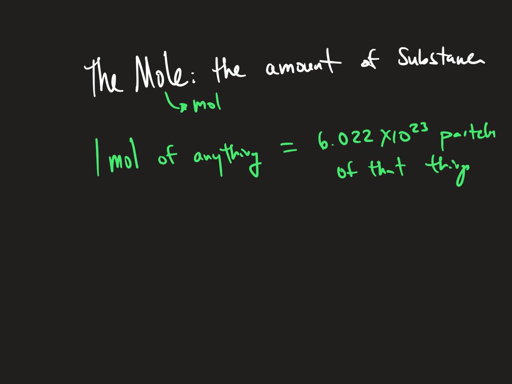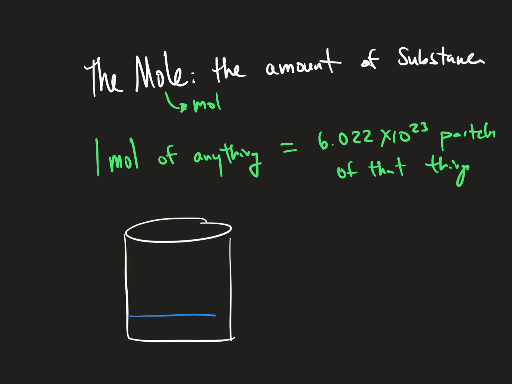But think about this. If we have 1 mole of, let's say, water, it's like that much water in our container. I know that depends on how big that container is, but let's say a 600 milliliter container. About that much.